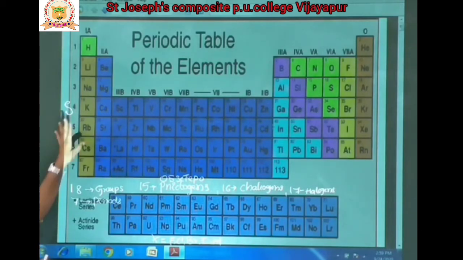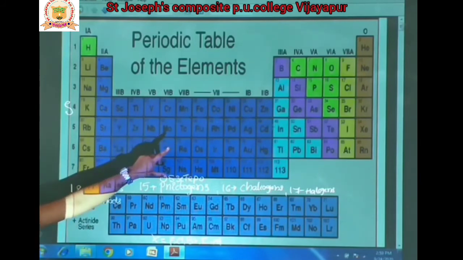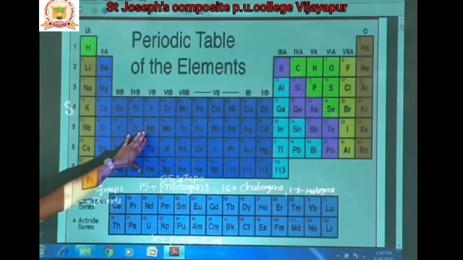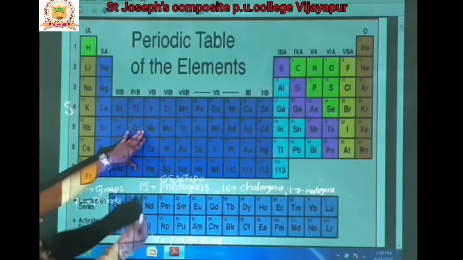Next, these S block and P block elements together are called the main group elements or the representative elements. Both S and P together are called the representative elements. Next, in between S and P block elements there is the presence of D block elements.